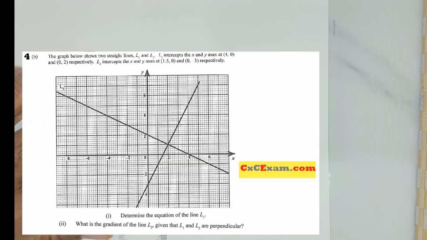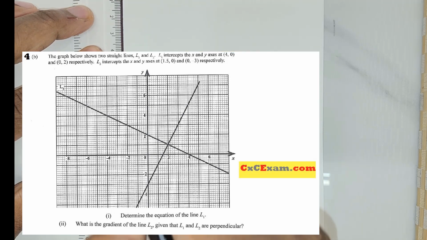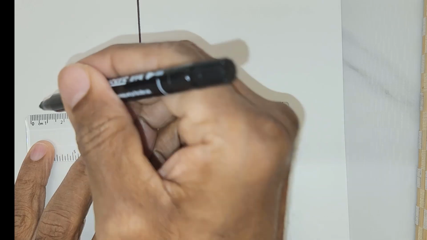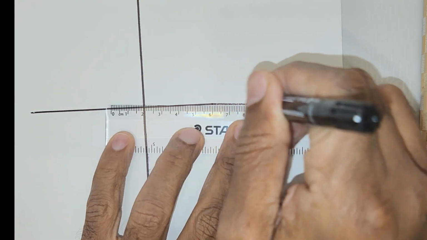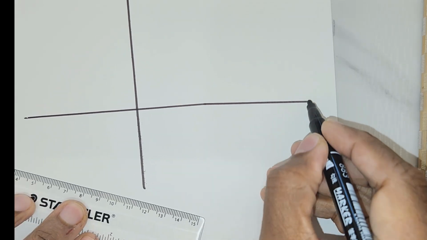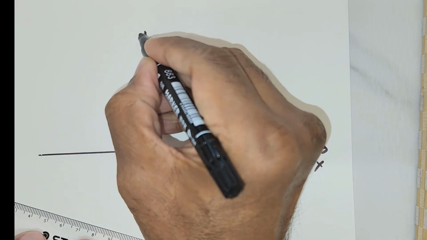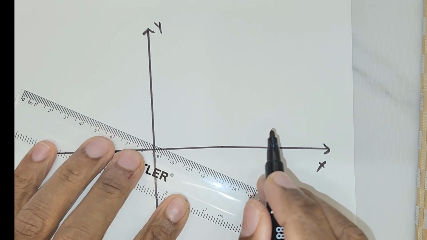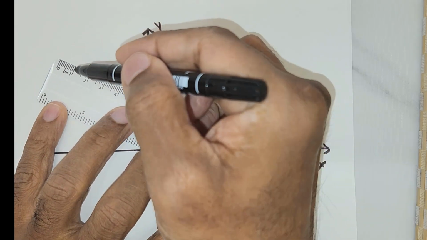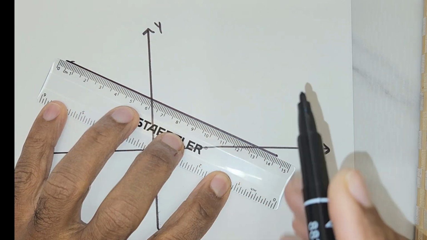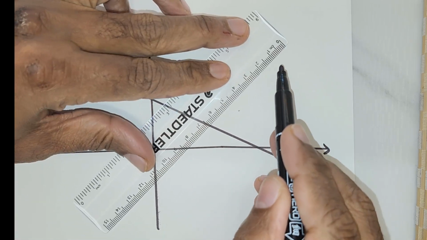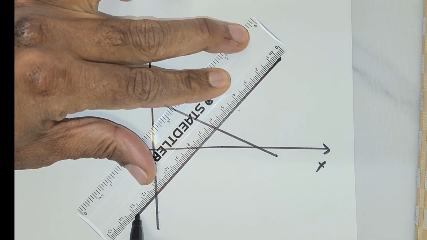Okay, this is the next question. We have been given 2 lines. So this is the x-axis, the y-axis. So we have a line here, and we have another line like this.